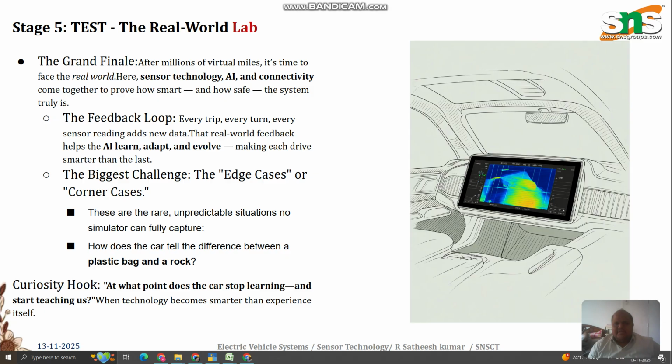The test is in a real-world lab where the car goes onto real roads and faces the challenges. Over-the-air updates are also possible. If any problem is noted, it will be recorded in the server, and if any software update can be given, it can be given over the air.